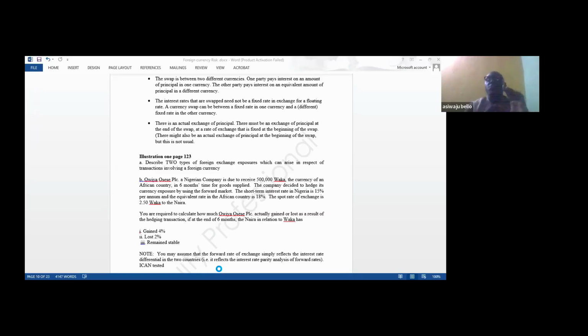We discuss interest rate parity theory, whereby it is argued that the fluctuation in interest rates is responsible for fluctuation in exchange rates.